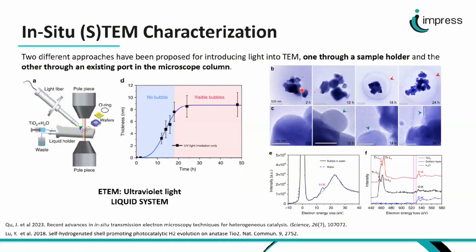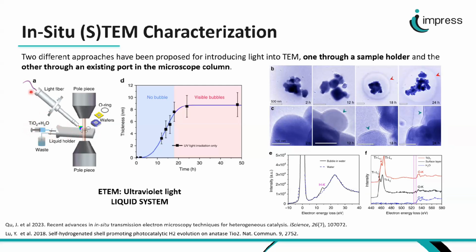And then I found another nice example under more operando conditions in liquid, where they were trying to do exactly the same, but in this case for hydrogen evolution, with titanium oxide nanomaterials in water, but in this case liquid.